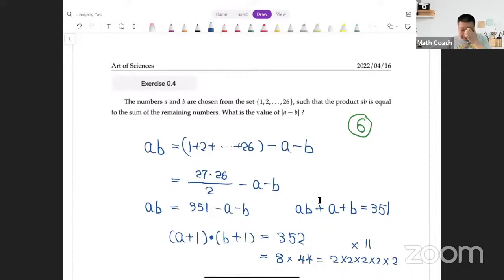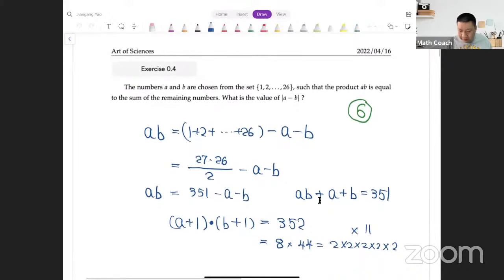So then we know the situation. We can make A plus 1 equal 11 and B plus 1 equal 32. But then we have trouble, right?